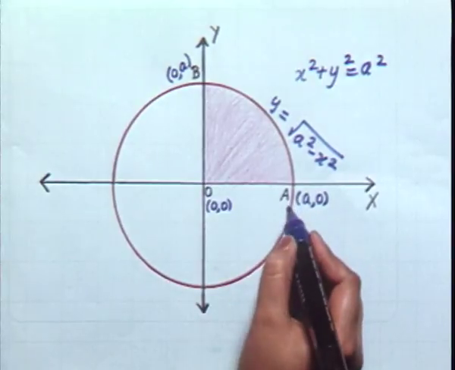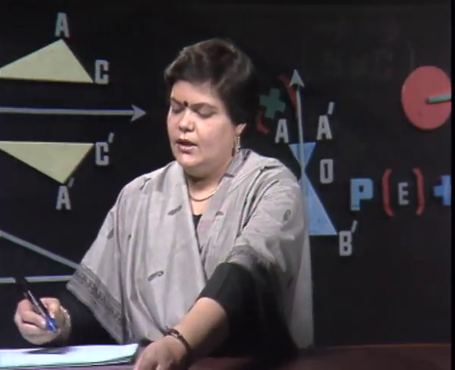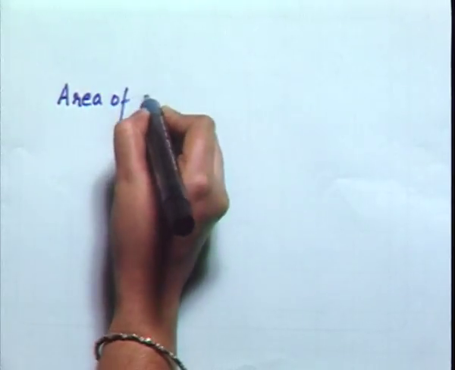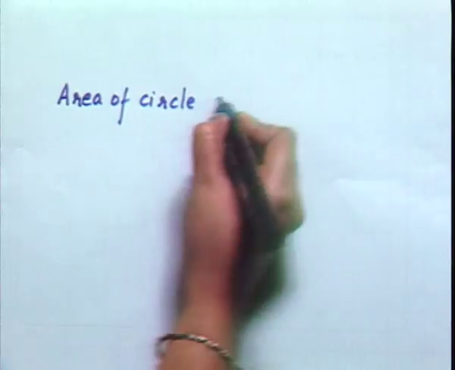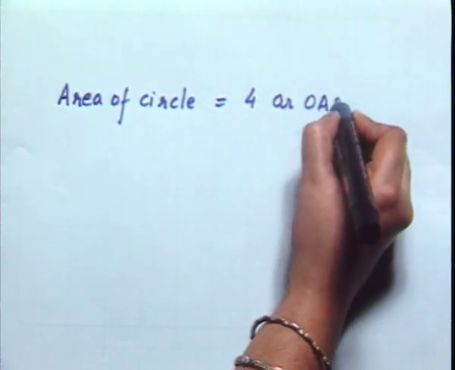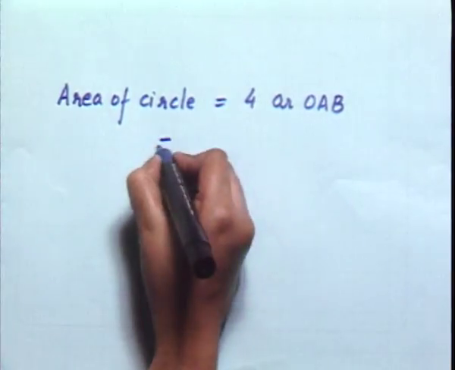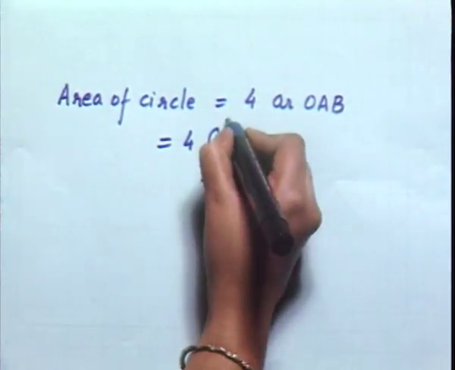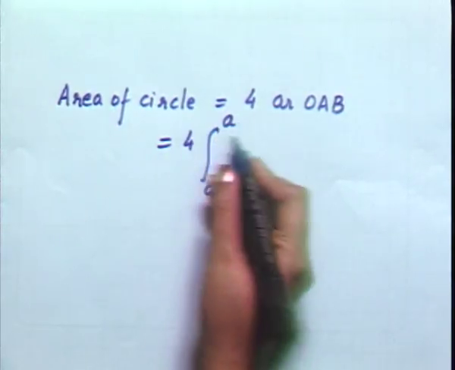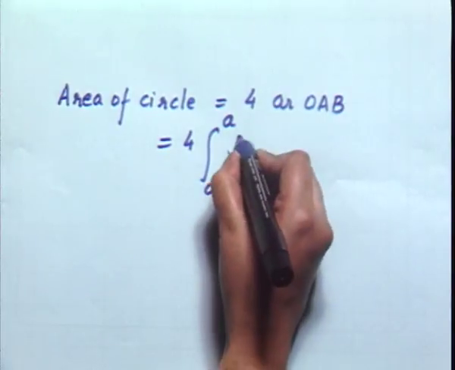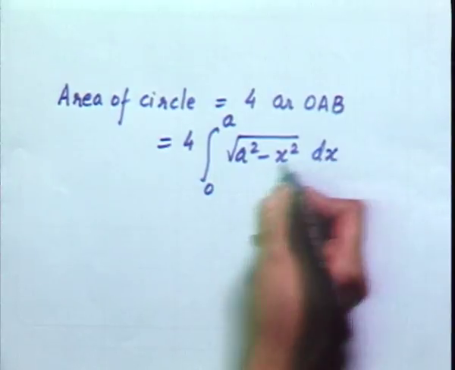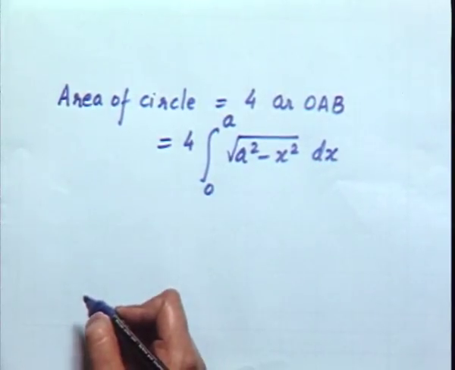So, you know the limits and you know the function, and therefore, the area of the circle will be 4 times the area of the region OAB, which is 4 times the integral from 0 to a, because x varies from 0 to a in the sector shown, of √(a² − x²) dx, where f(x) is √(a² − x²).